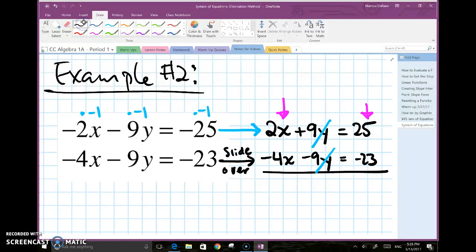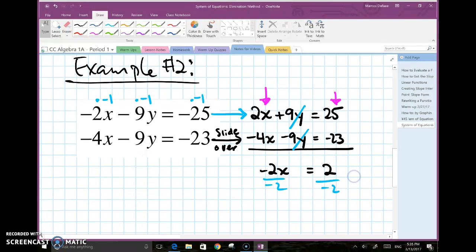And so what I would get is -2x minus 4x is -2x. 25 minus 23 is simply 2. And if I use the division property and I divide, what I get ultimately is that x is equal to -1. Okay, now this is, again, only half my answer.